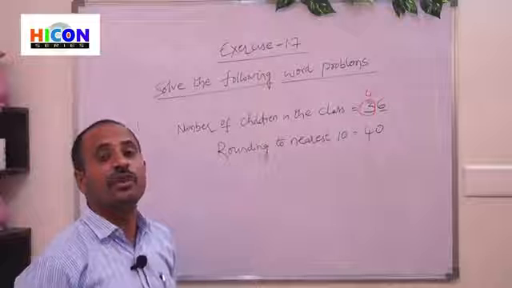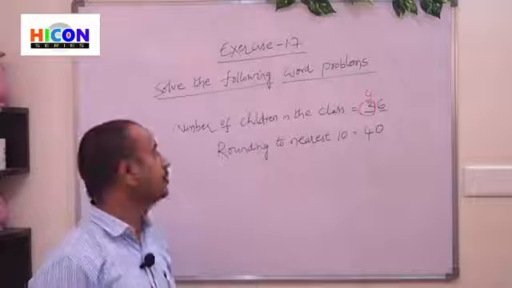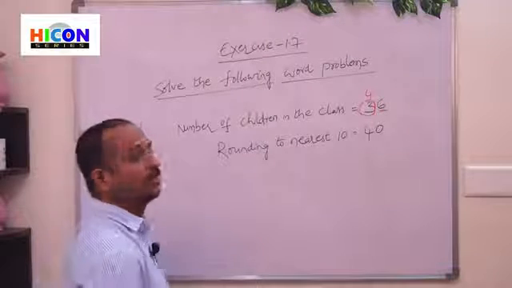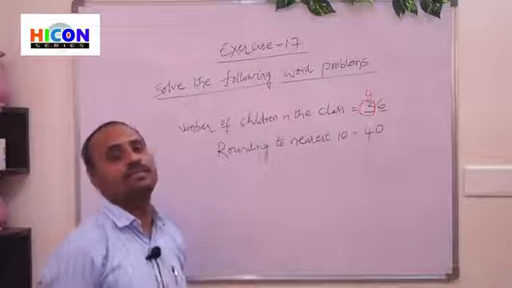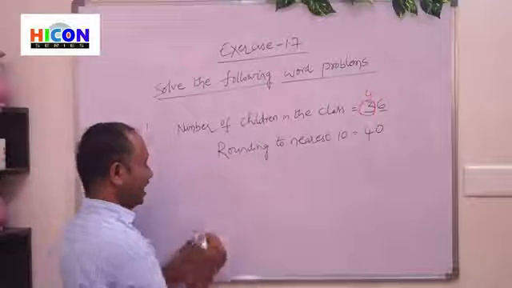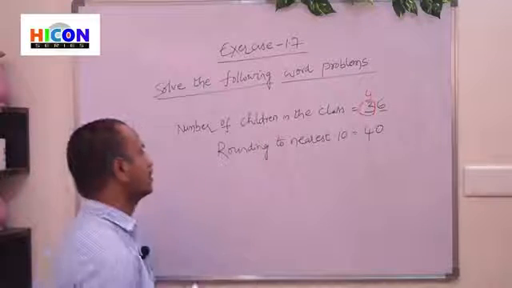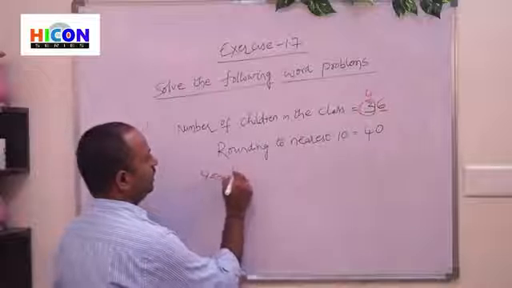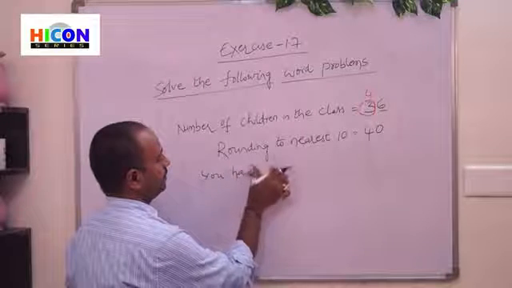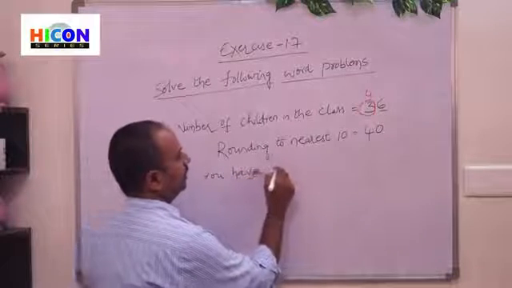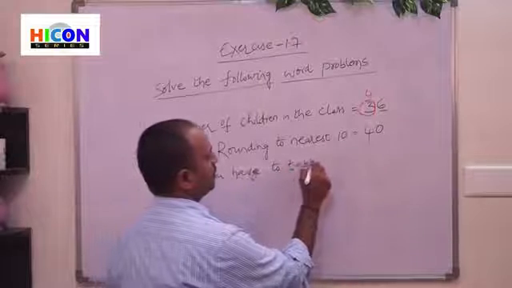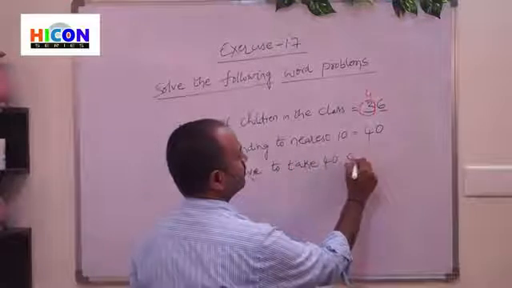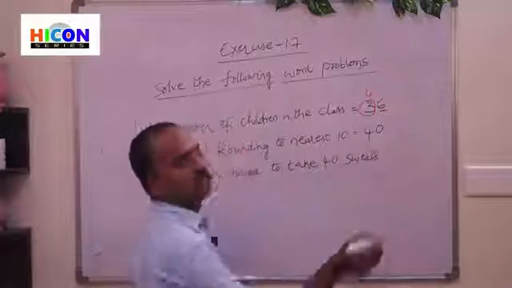How many sweets do you have to take to distribute? You have to take 40 sweets to distribute to your children. You have to take 40 sweets to the class.